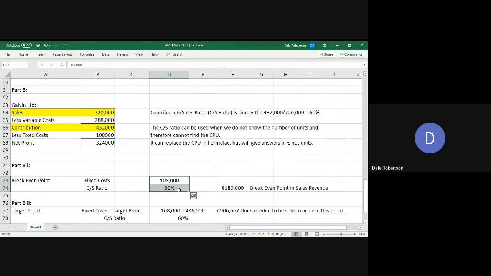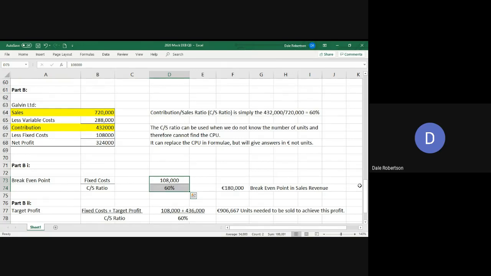And when you do that on your calculator, you will get a break-even point in sales revenue of 180,000. And that is the amount the company needs to sell in order to cover its costs. There, of course, is our current sales, so they'll have to sell much more than that to break even, cover all of their costs.